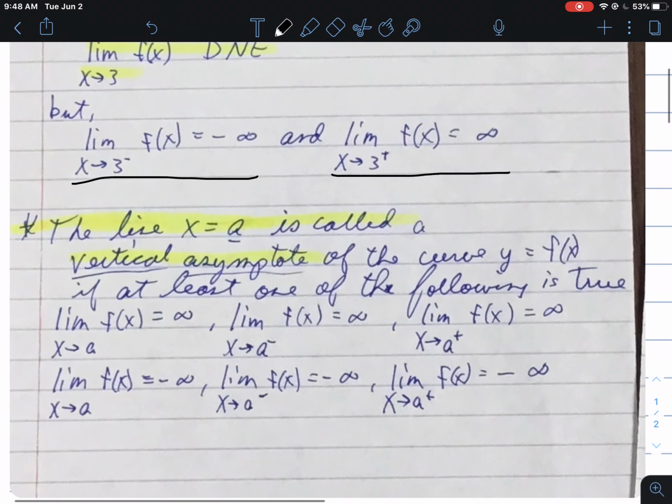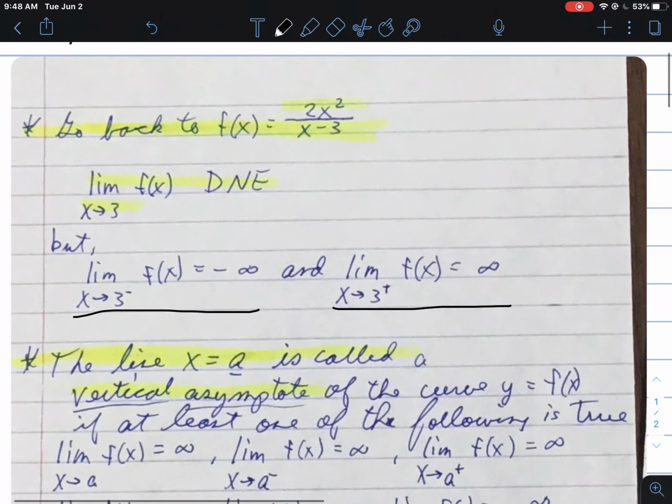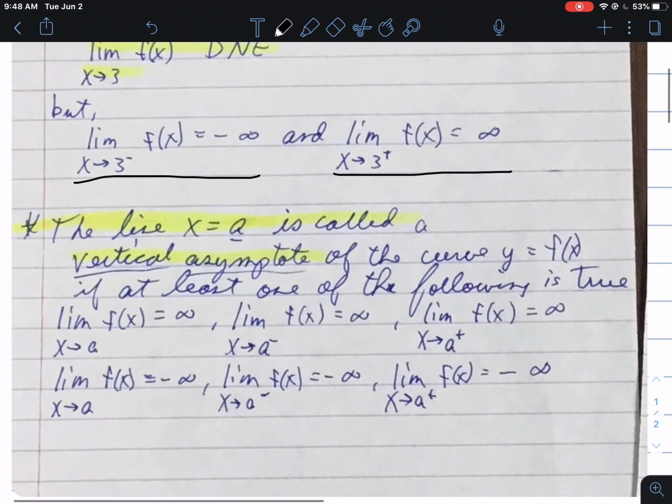And lastly, this is going to tie in the observation we made about that vertical asymptote in the previous example with 1 over x squared. And the same thing would be true with this function, 2x squared over x minus 3. We now have, call it, a calculus definition for the existence of a vertical asymptote. So if my question is to identify or find the vertical asymptotes on the graph of our function, this is how we would have to do it.